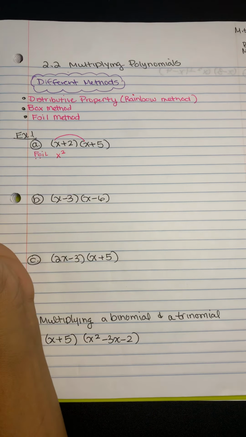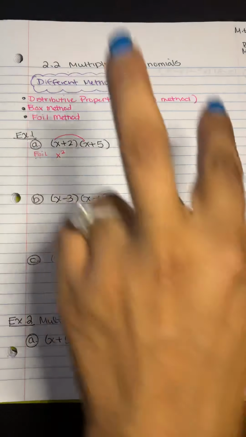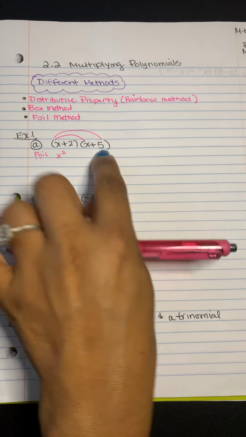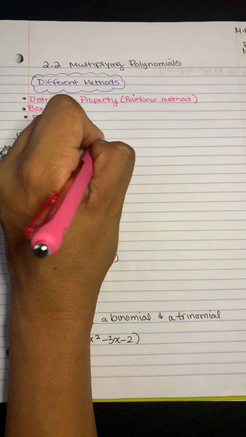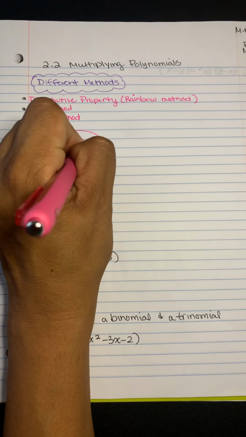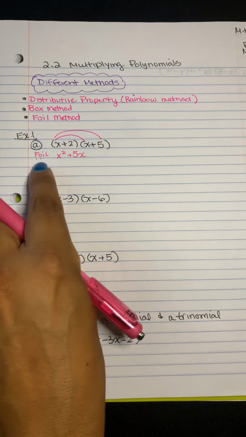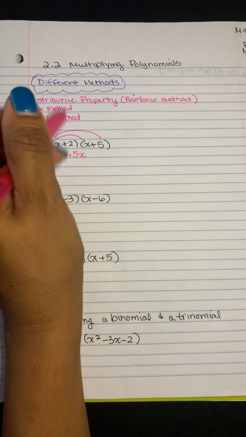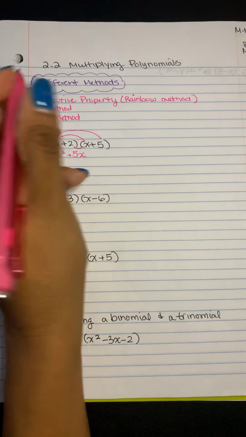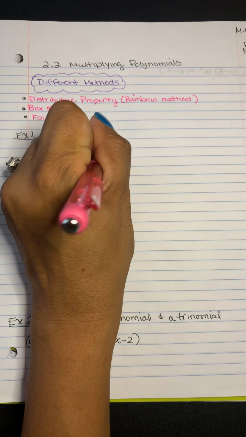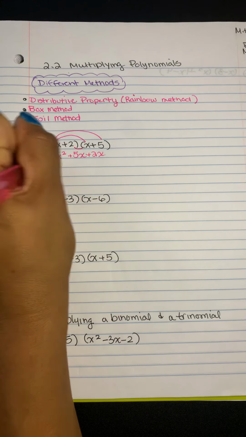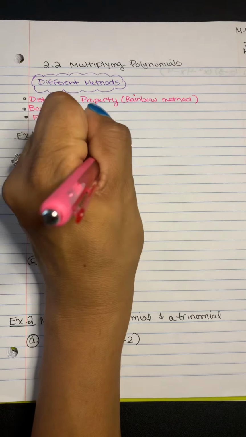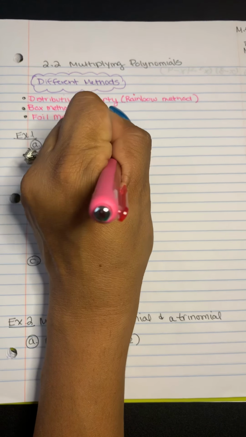The O stands for outside terms, so the terms that are on the outside, and we can call this x and 5. So x times 5 is 5x. The I stands for the terms that are on the inside, so the terms here. And this would be 2 times x, plus 2x. And the L stands for the last. The last 2 terms would be 2 times 5, which is positive 10.